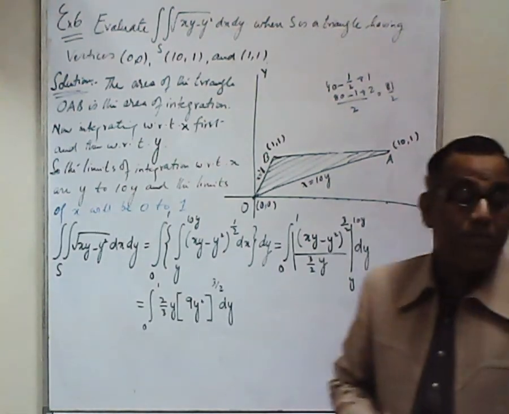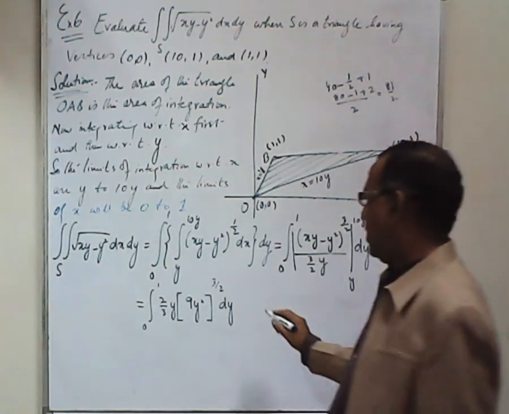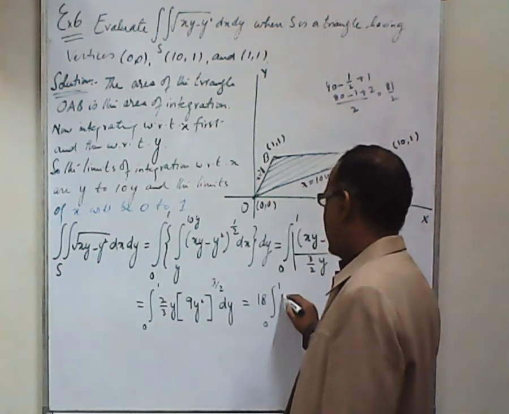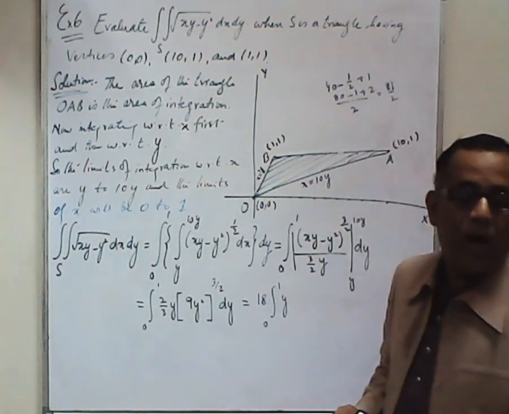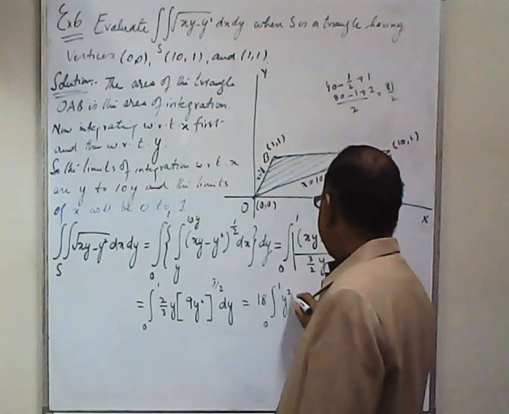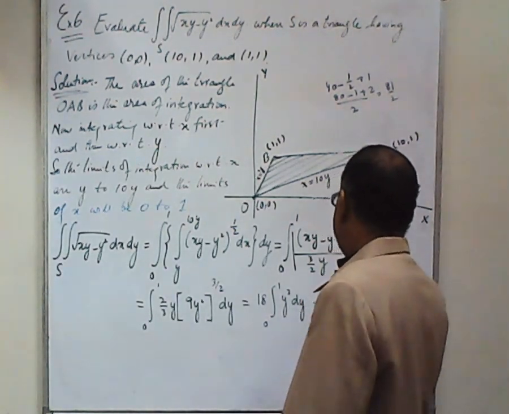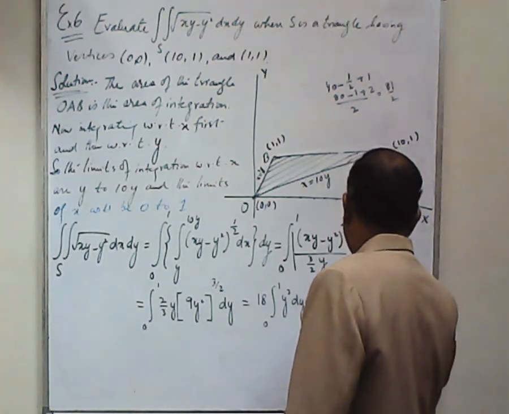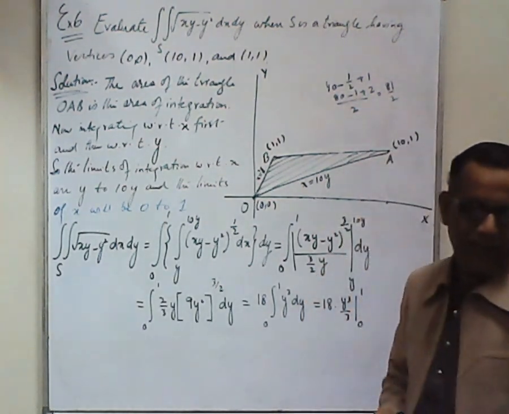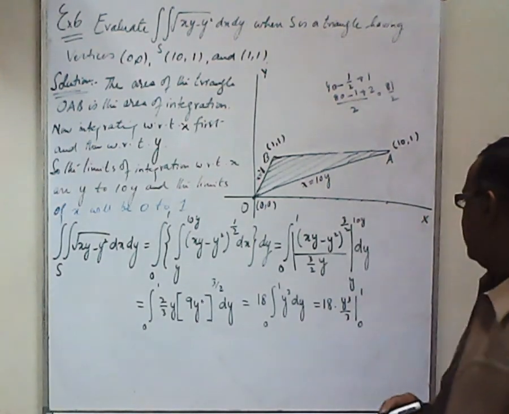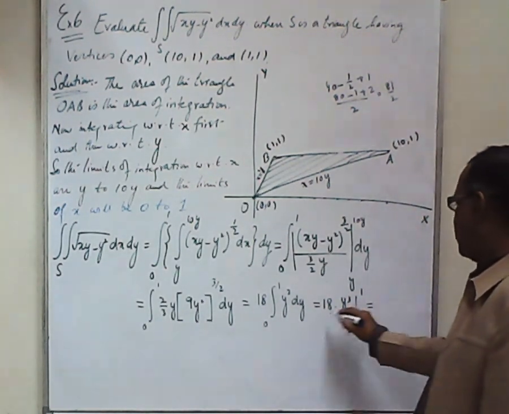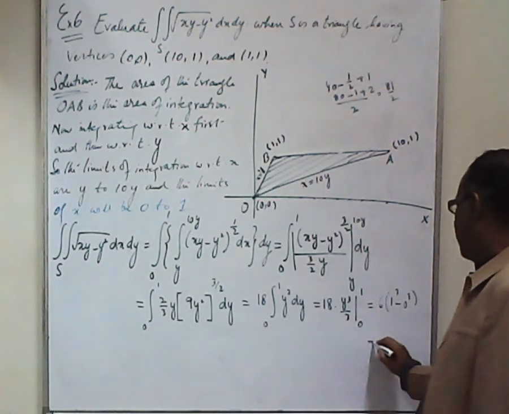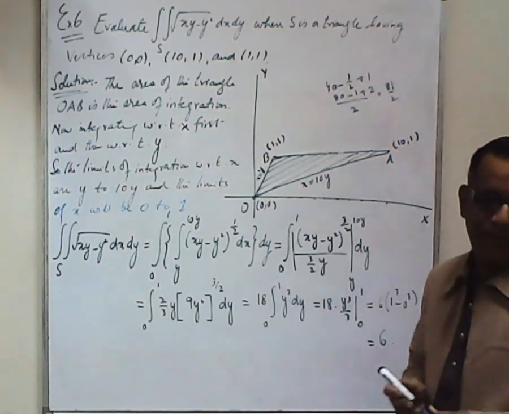When we simplify this, we get 18, 0 to 1 and y square dy. So now we have 18 y cube by 3 with limits 0 to 1. So 3 sixes are 18, 6 times 1 cube minus 0 cube. So the final answer is 6.